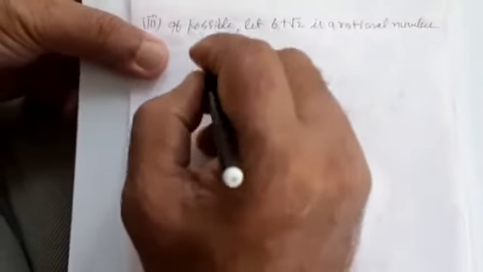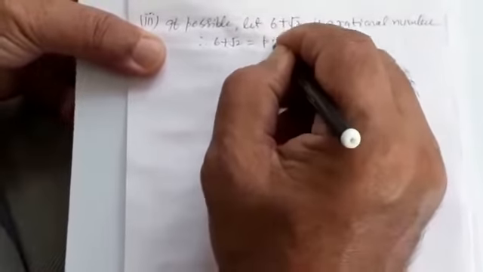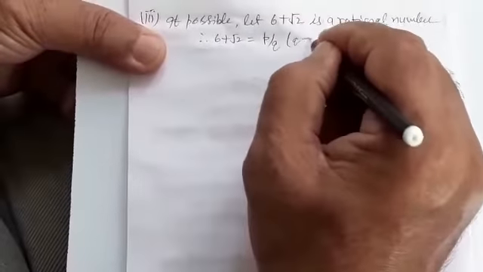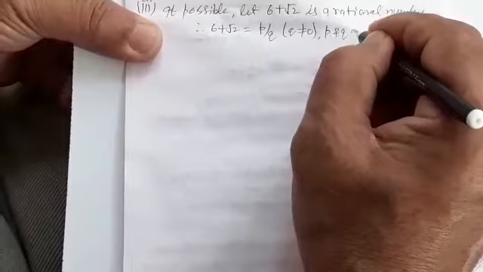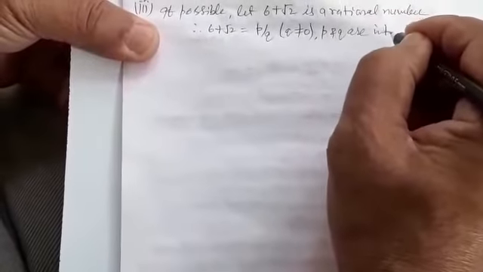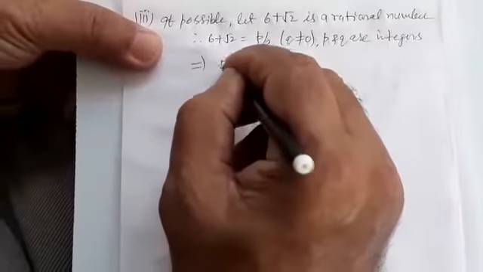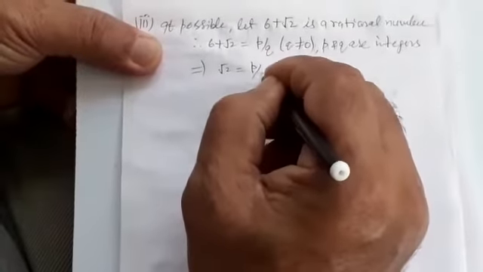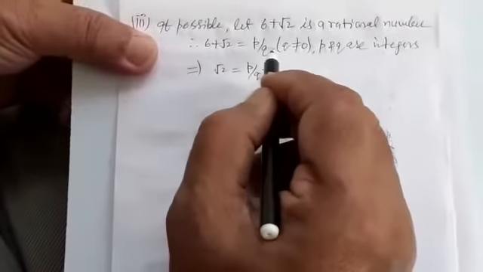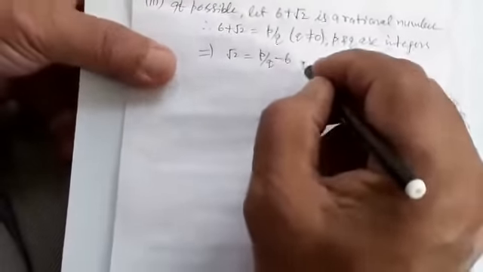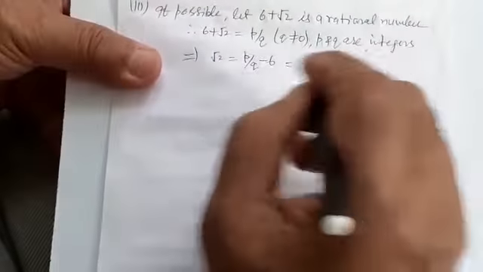Therefore, 6 plus root 2 can be expressed in the form of p by q, where q not equal to 0, p and q are integers. This implies root 2 equals p upon q minus 6. 6 in LHS is positive, so as we carry it to RHS, it will be negative. Take the LCM, LCM is q, then p minus 6q.